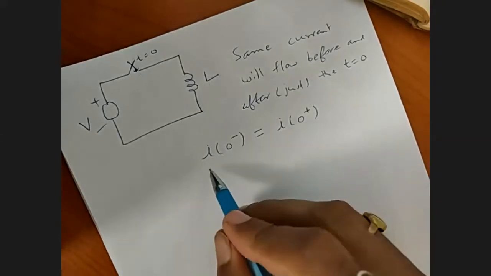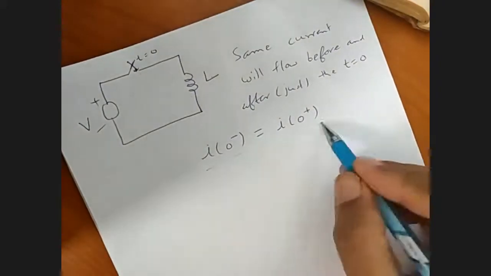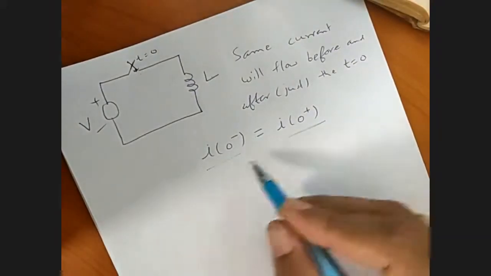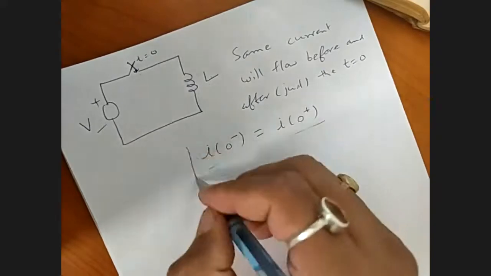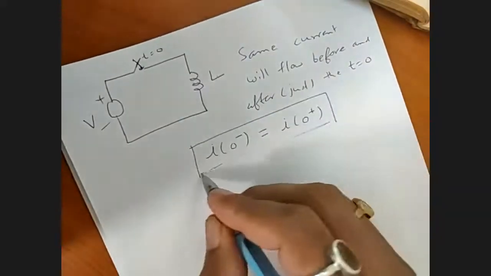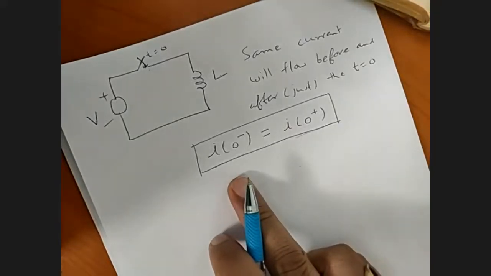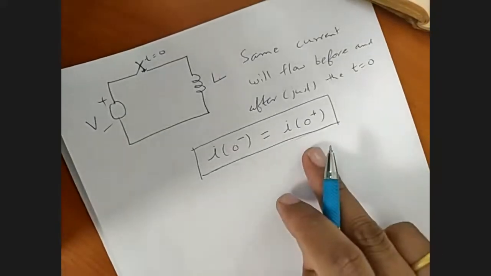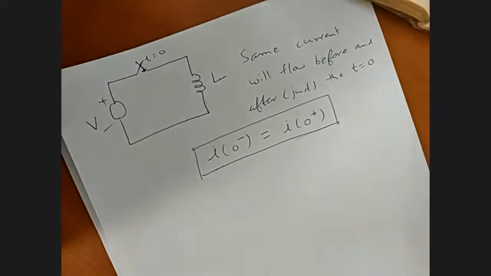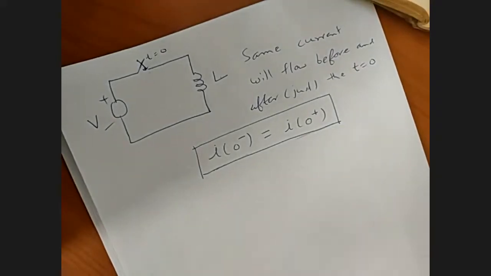The inductance will have the current flowing just before the change of the switch equal to that just after the change of the switch. That means the circuit will behave the same.